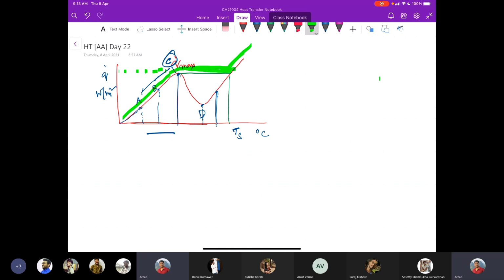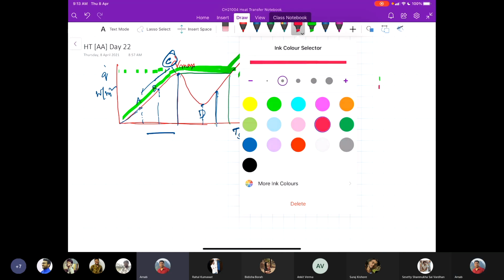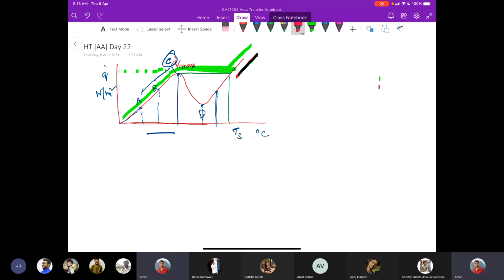Similarly, if you start cooling that liquid, the way it would follow is that it now follows like this red curve, where it comes till the Leidenfrost point, and then it shifts horizontally and then goes to the natural convection part.